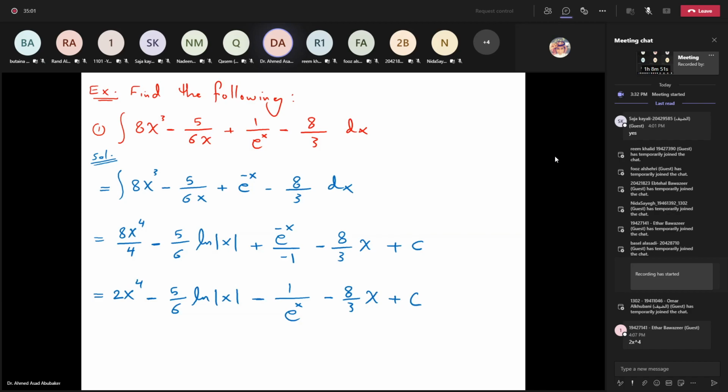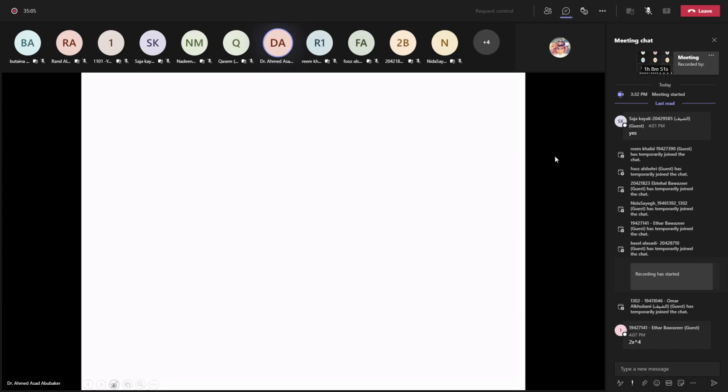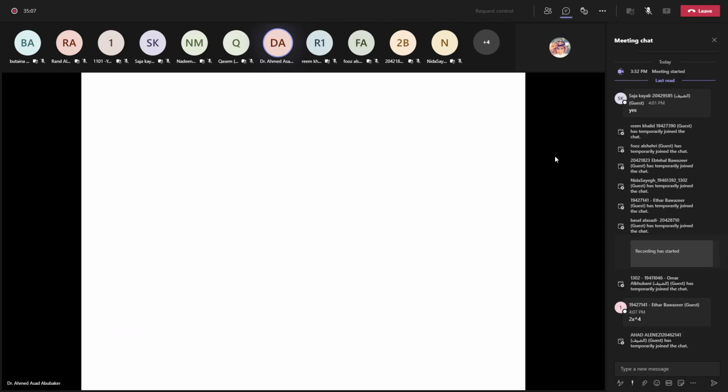Also, if we have definite integration like this, number 2, from 0 to 4, 1 over radical x minus 4x dx.